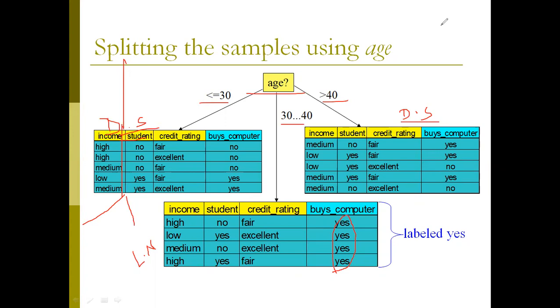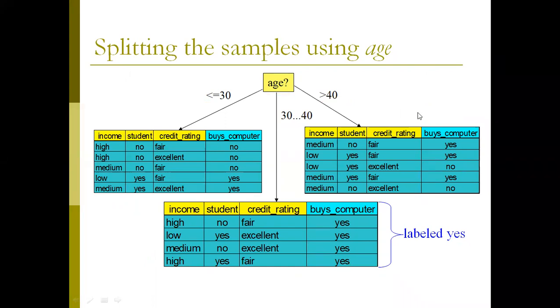Then you split this table further. This is the total process for calculating the information gain at each and every node until the construction is completed, which means decision tree construction is completed.